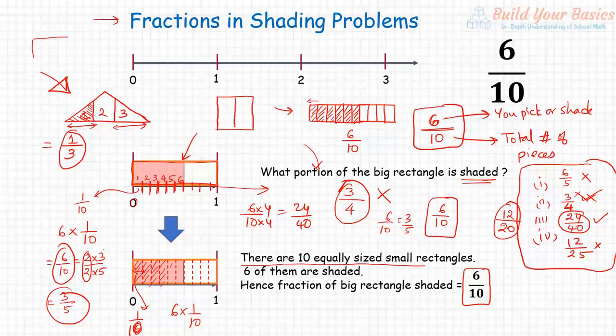So I am drawing 4 squares, and then I put a diagonal here, and I'm shading this. Now my question is, what fraction of this shape is shaded?